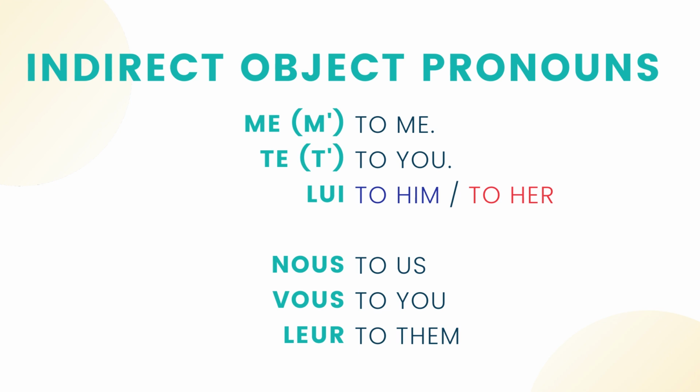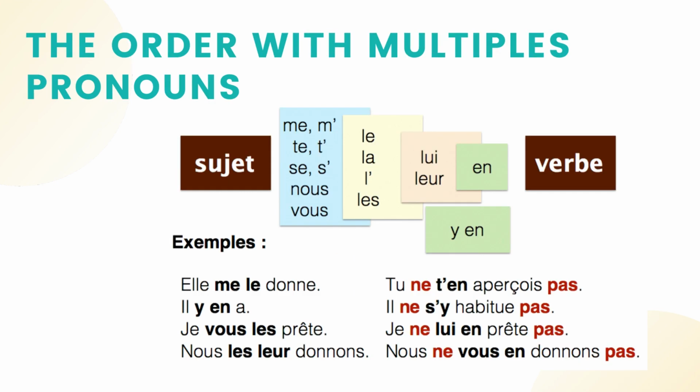And now I wanted to finish this class with a question I was asked during the workshop, which is the situation of having multiple pronouns in a sentence, because that can happen. Something like, oh, I give it to him, something like this in French. So you might be in a situation of having many pronouns, like maybe a direct object pronoun, an indirect object pronoun, or that pronoun that replaces a location, like y and en, all of these guys.